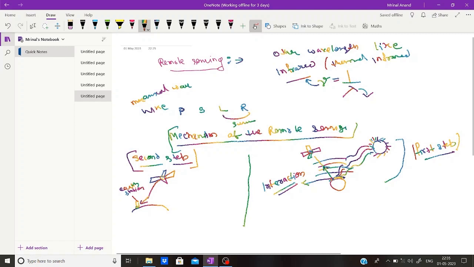It will reach the earth station, or we can also say it is a processing center.